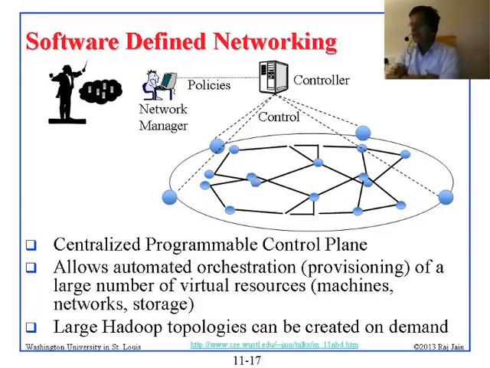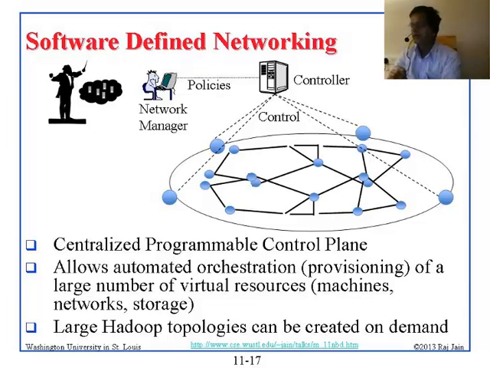So there is a central controller which does all the routing table construction, and the switches just do the data plane.